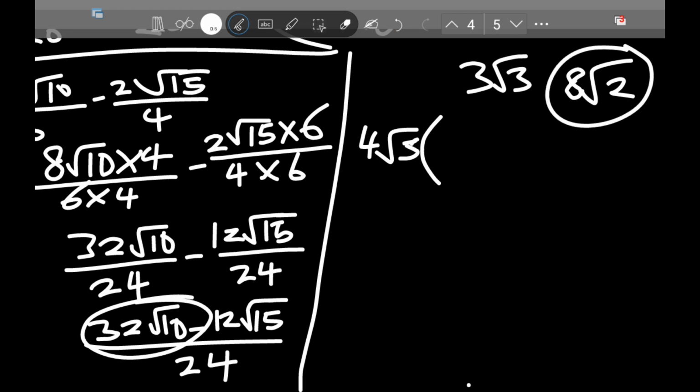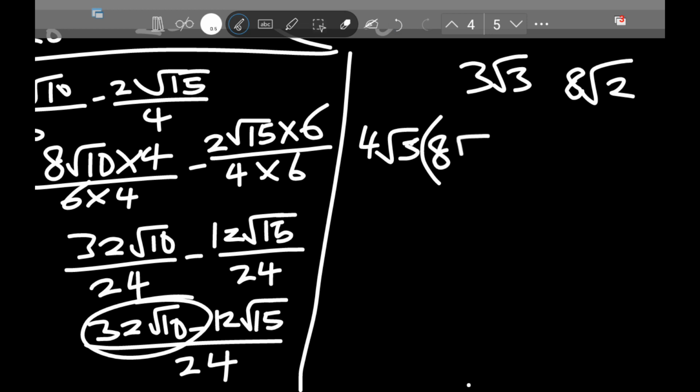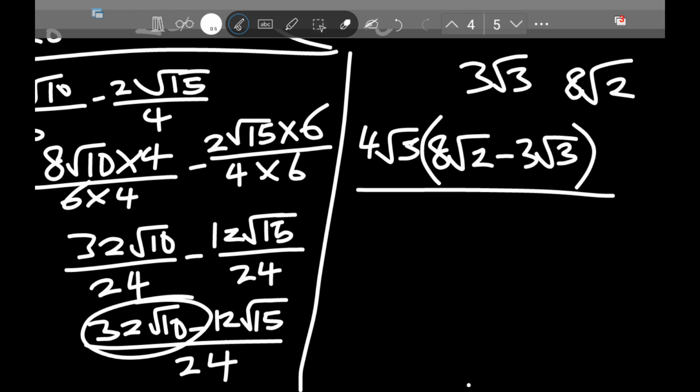This is the expression we got when we divided 32 root 10 by 4 root 5. So this is the expression that we are going to write in this portion of the bracket. So simply write 8 root 2, minus sign. Don't forget there is a minus sign there. Then we're going to be left with 3 root 3. Then close the brackets. Then draw your line. Then over 24.